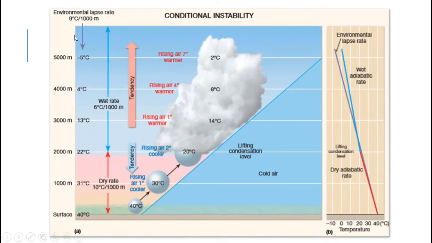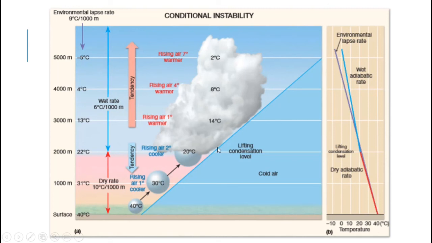So here, yan yung environmental lapse rate, 9 degrees Celsius per 1,000 meters, which is in between. Dito nga sila. In between siya ng 10 degrees Celsius and 6 degrees Celsius. Okay, you can see here, 40 minus 10, 30. So this is still higher. Then you have minus 10 ulit. So this is colder na siya.